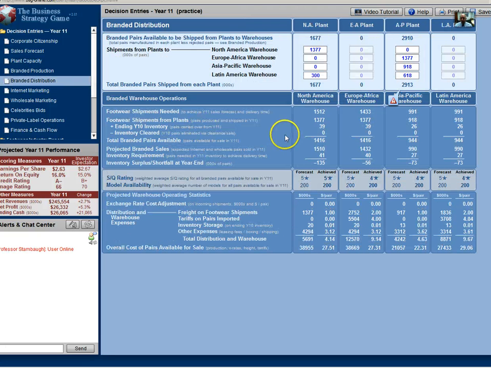Then you distribute your shoes. So now you've manufactured them in your 2 plants and you've got to ship them. This is where you consider the impact of your exchange rate and tariffs as to what is the best way to ship.